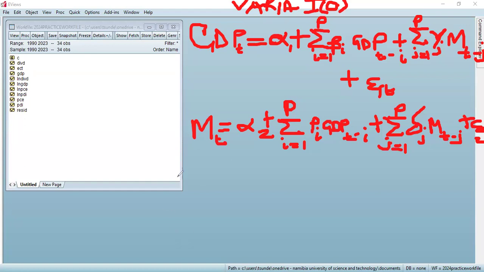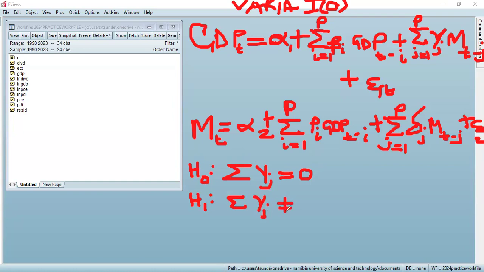So the causality hypothesis to test whether money supply Granger causes GDP: the null hypothesis is that the summation of the gamma j's is equal to 0, and the alternative hypothesis is that the summation of the gamma j's is not equal to 0.